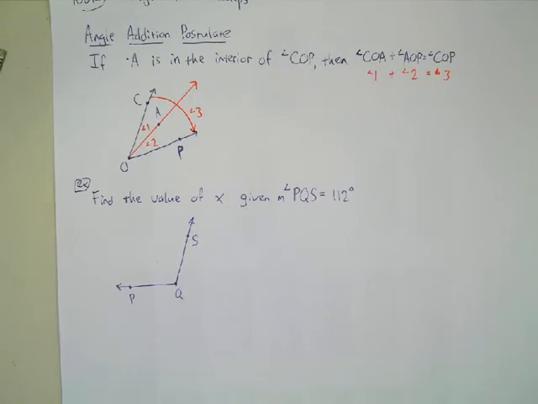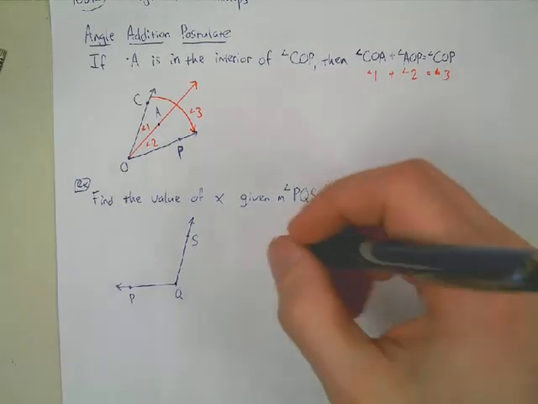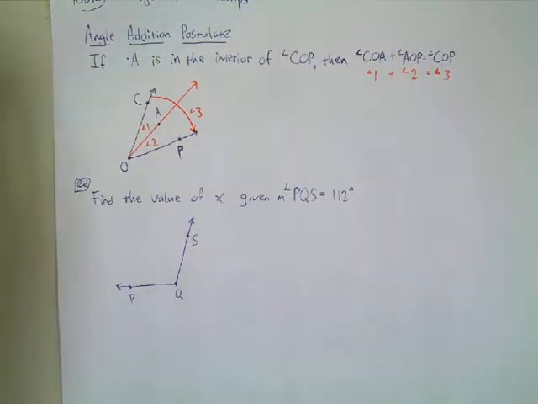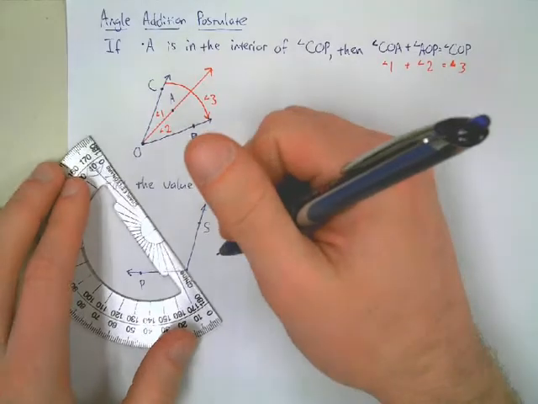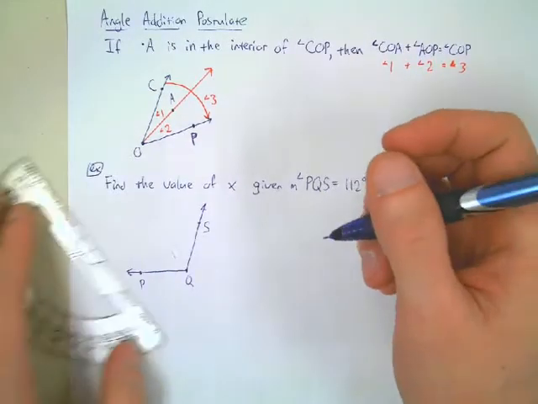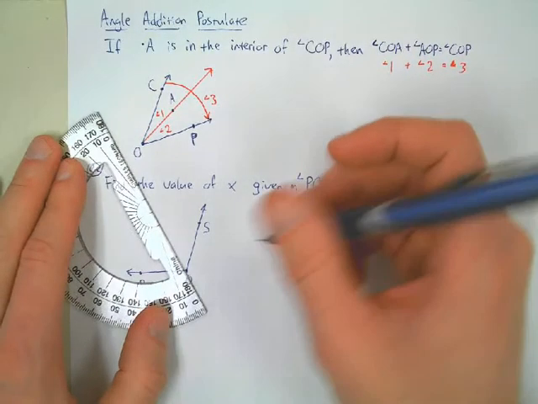All right, and we want to find the value of x. So we're going to draw in some additional information here, because we don't have enough. We don't have anything with x in it right now.